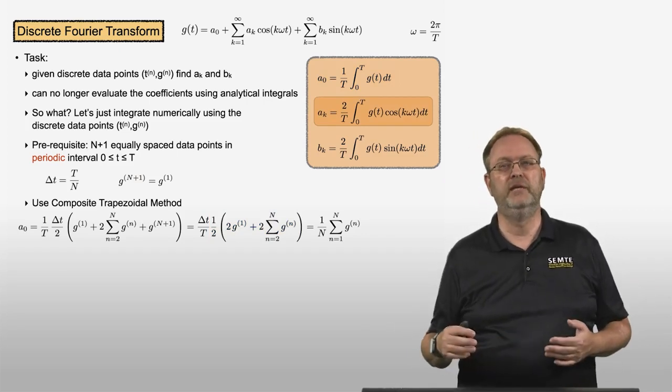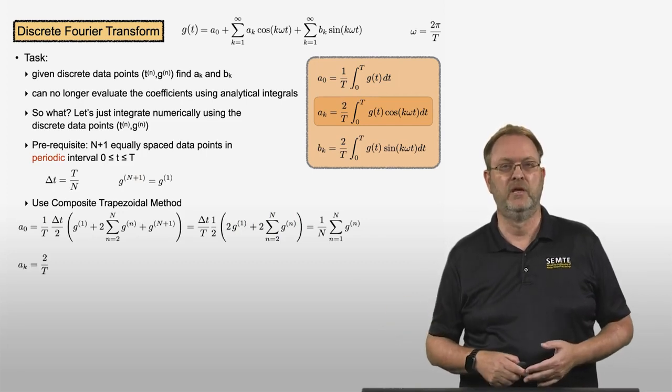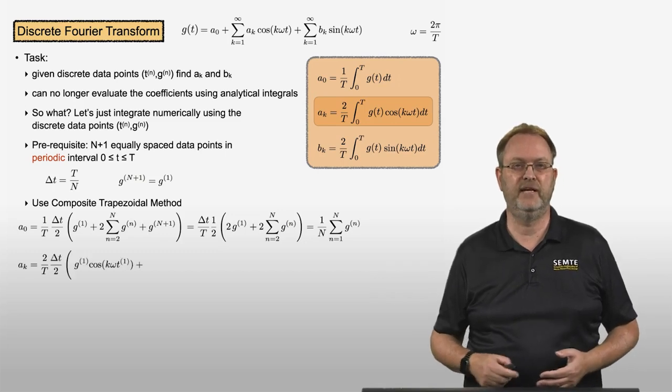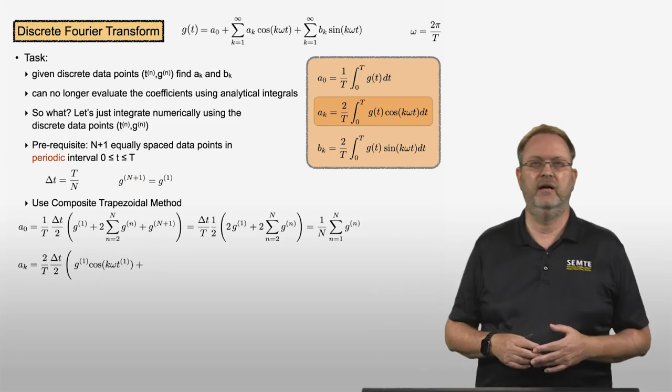Let's move on to the amplitude of the kth cosine wave. So that formula is a sub k is equal to 2 divided by the fundamental period. And I'm again using the composite trapezoidal method.